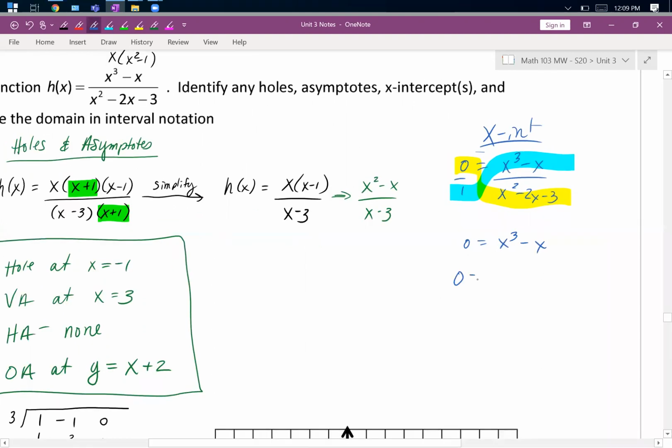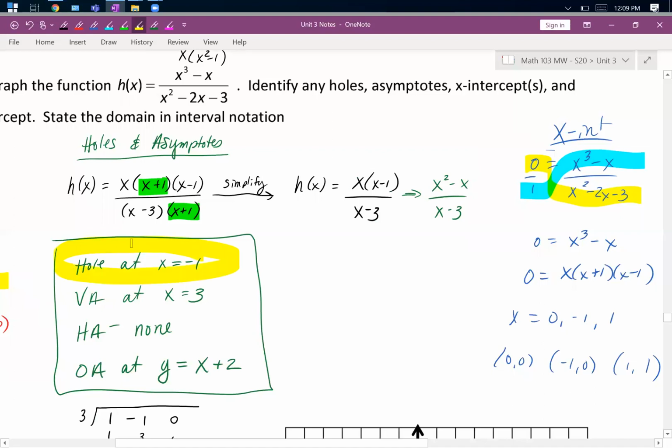All right, so I'm going to use the factored form that we already came up with, and we're going to get 0, -1, +1. So I'm going to get these 3 x-intercepts. But look at this. We said over here that there's a hole at x equals -1, which means open circle, which means there's not a point there.